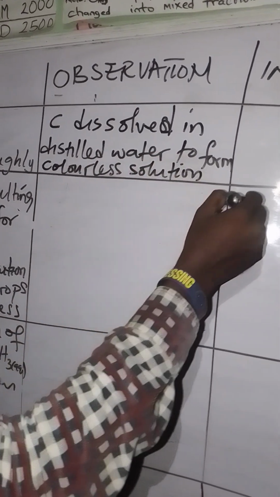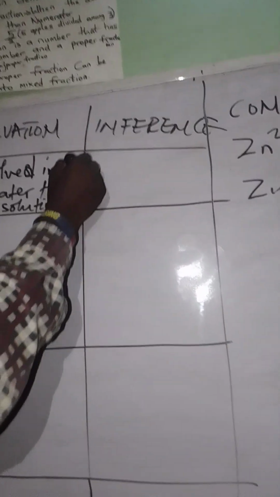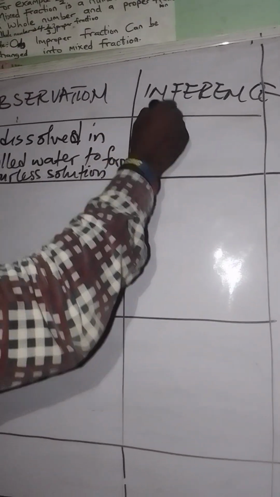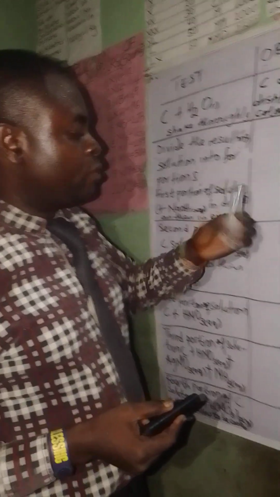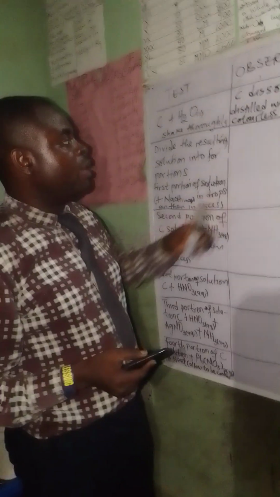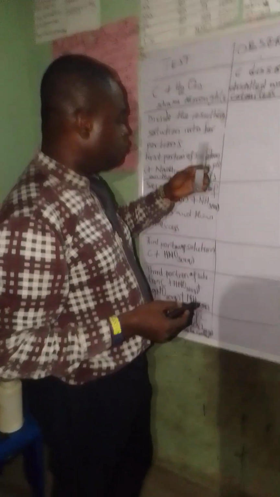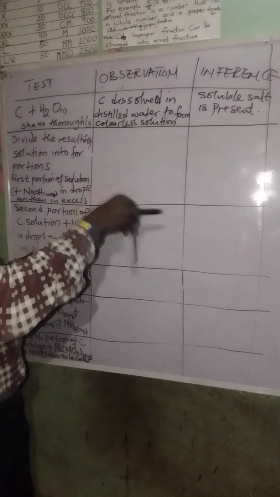And that suggests, in your inference, you say soluble salt is present. This salt that can dissolve in water is a soluble salt. Don't forget, zinc chloride is one of the soluble chlorides that we have.